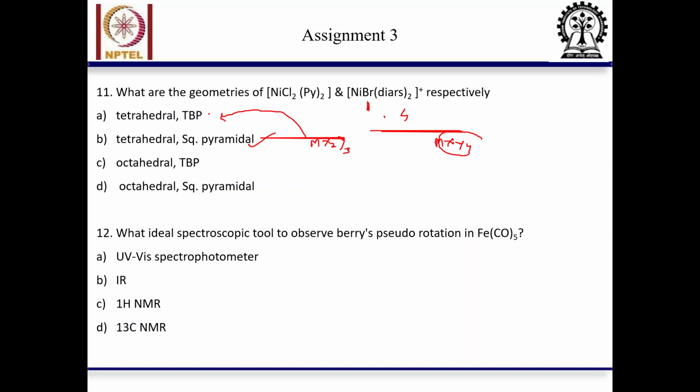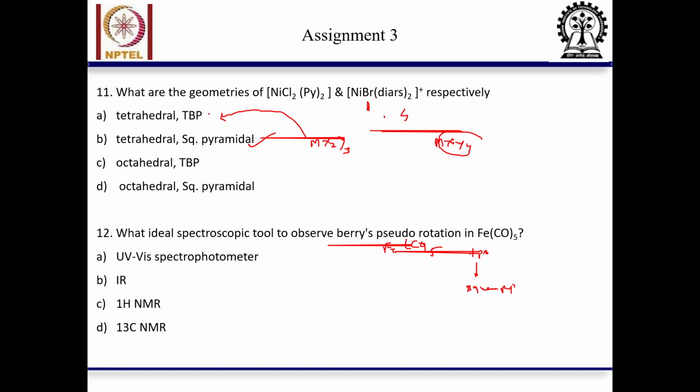Okay, so let me tell you which is the correct ideal spectroscopy. So what is the characteristic property for Fe(CO)5? Okay, so through the pseudo rotation it will go from TBP to square pyramidal.